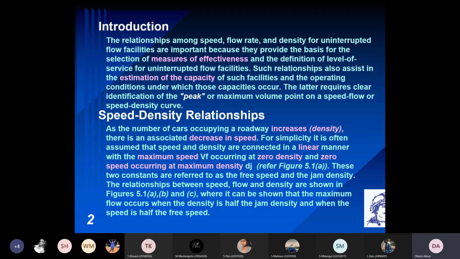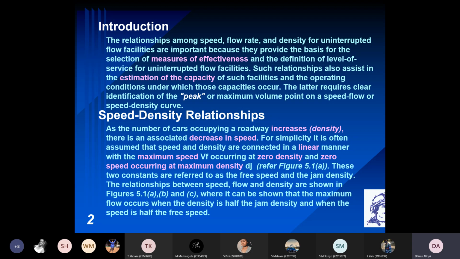From various studies and research, generation of models, it was found that there's generally a linear relationship between speed and density.